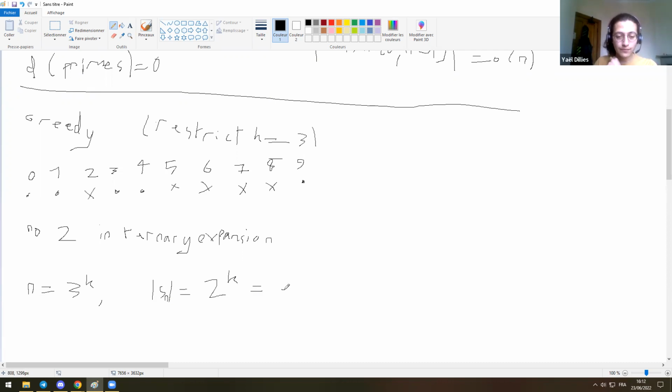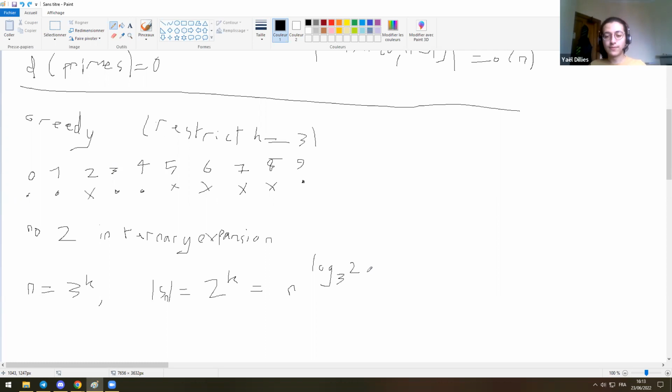Which is n to the log base 3 of 2. So we get something which is sublinear as expected.